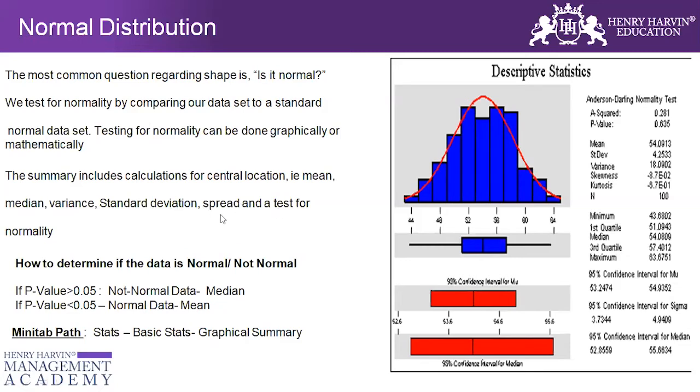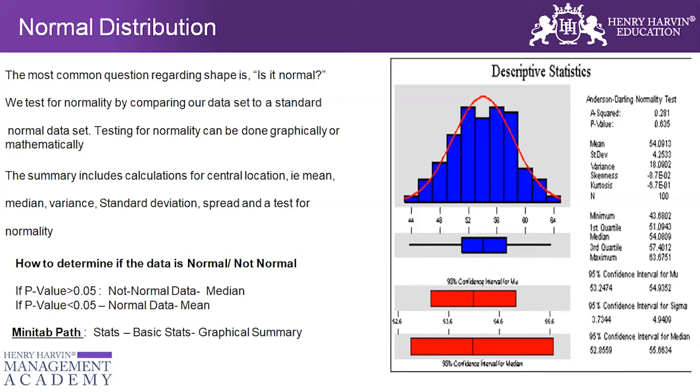So when do we call the data normally distributed, and when do we call the data not normally distributed? That's what we're going to learn. We would call the data normal when the p-value is greater than 0.05.